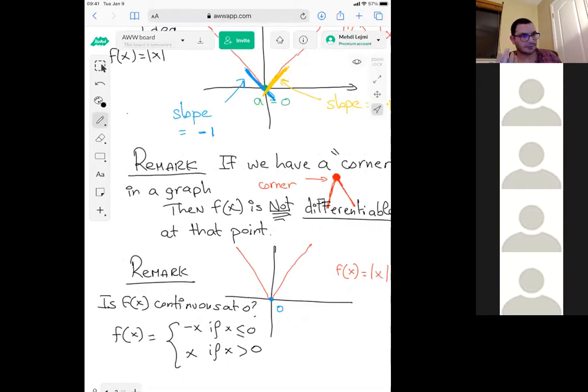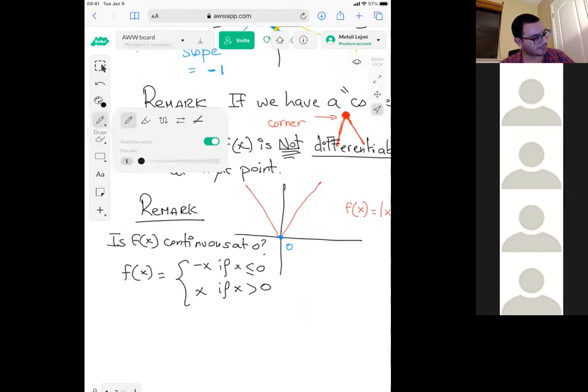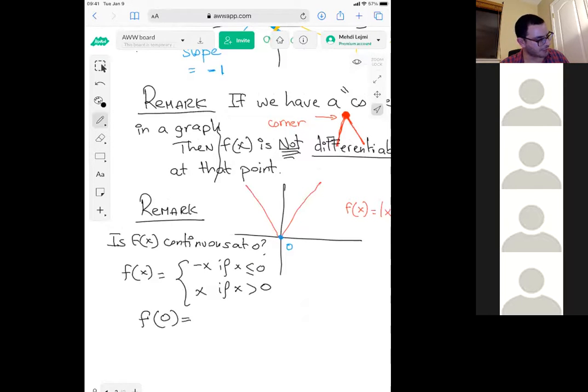Which is 0, right? And if you approach 0 from the right, what would be the limit of f of x? So what I'm saying, guys, is that for continuity, you're supposed to compute f of 0. So f of 0 is the absolute value of 0, it's just 0. Now you're supposed to compute the limit of f of x as x goes to a.